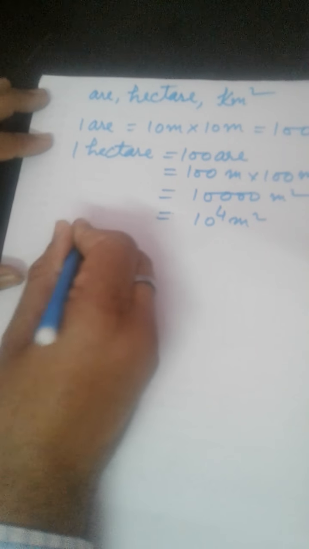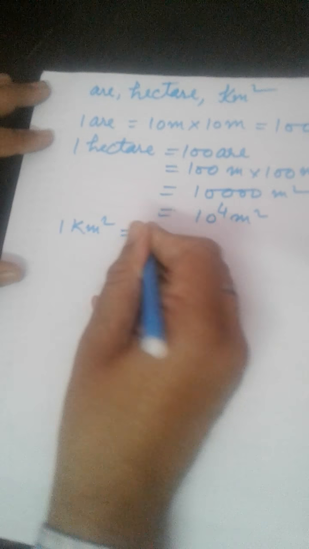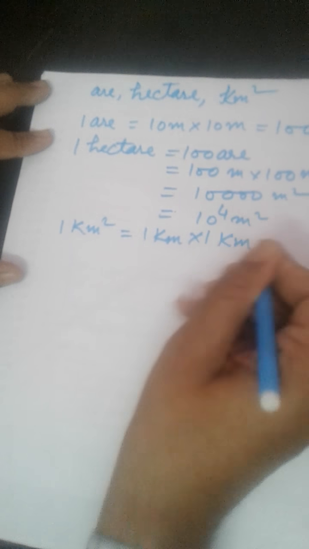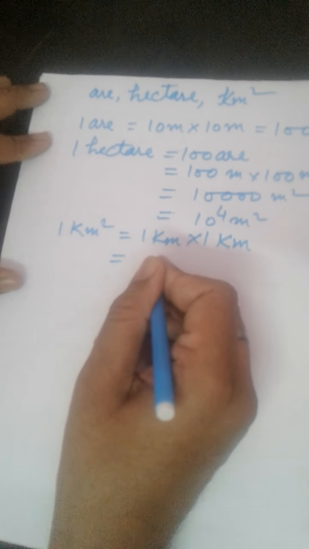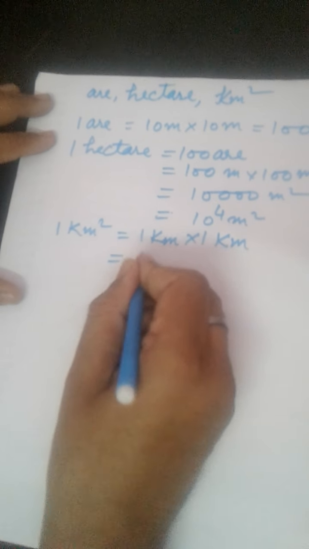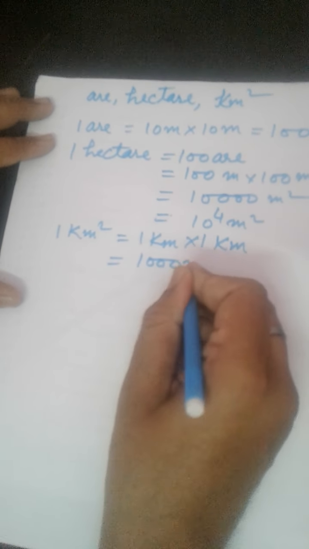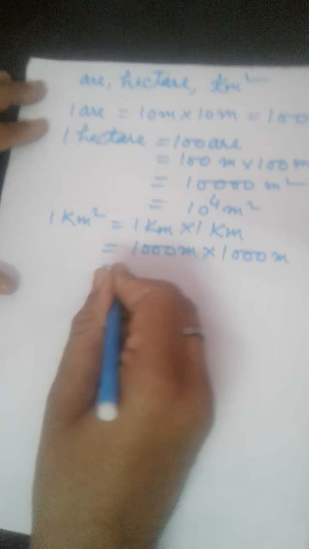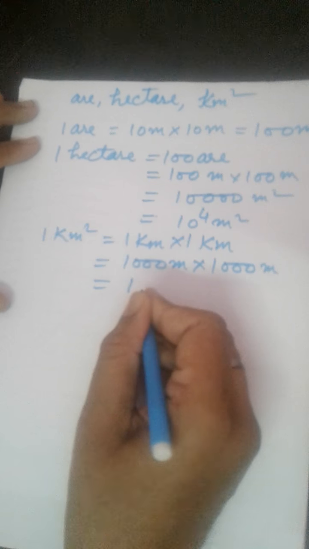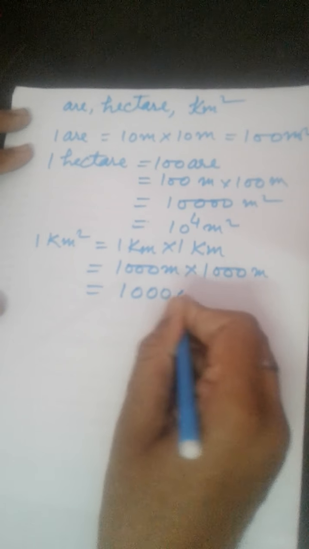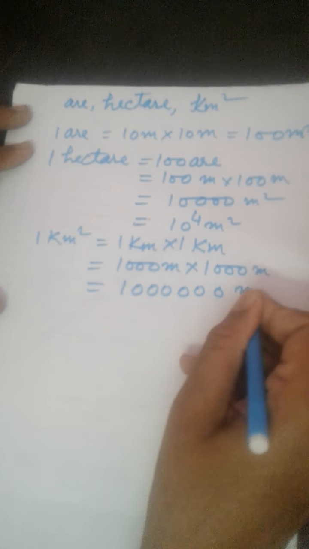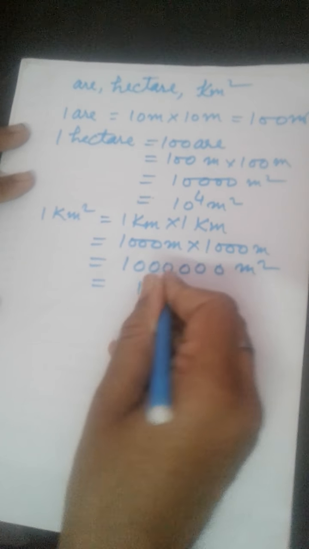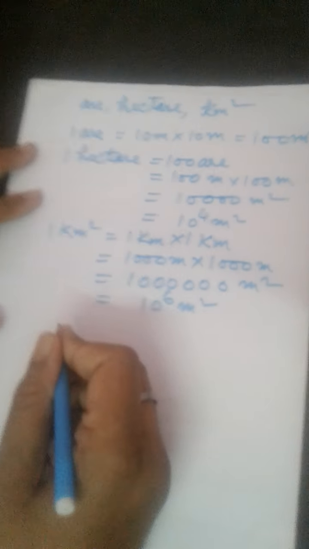Now 1 kilometer square equals to 1 kilometer into 1 kilometer. 1 kilometer equals to how much meter? 1000 meter into 1000 meter. So this becomes 1, 2, 3, 4, 5, 6 zeros, meter square. We can write in the power of 10, 10 power 6 meter square.